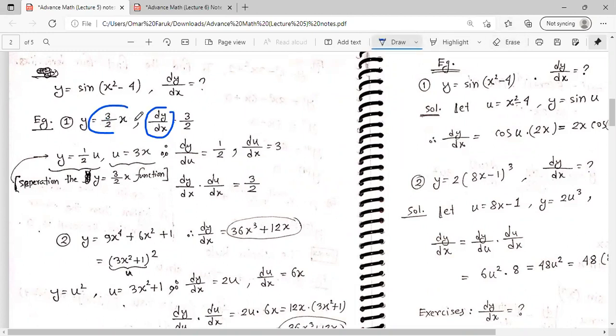Like this, 3 by 2x we can write as 1 by 2 into 3x. So 1 by 2 is a constant, and you can just imagine 3x is equal to u. So y is equal to 1 by 2 u.